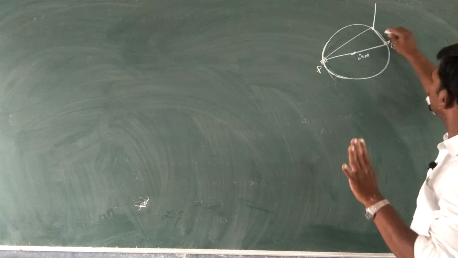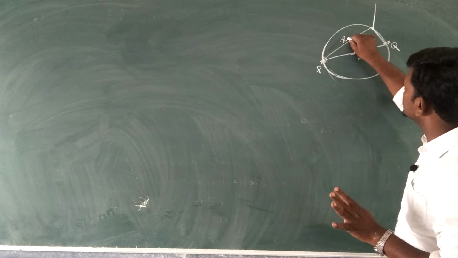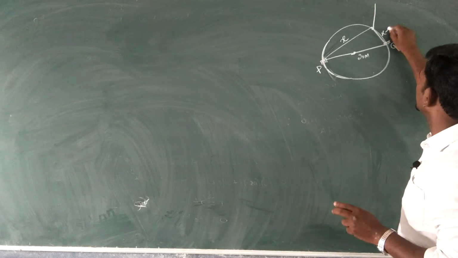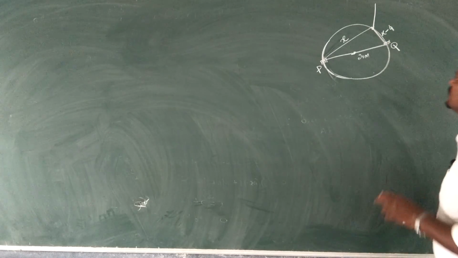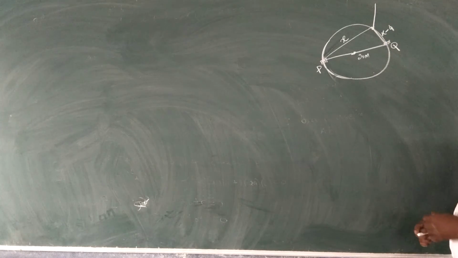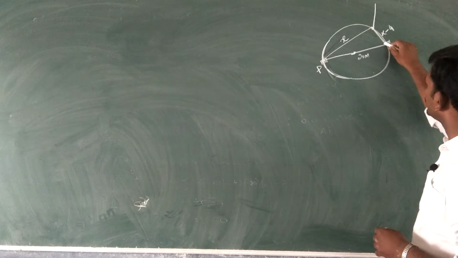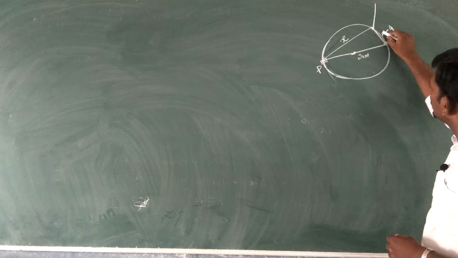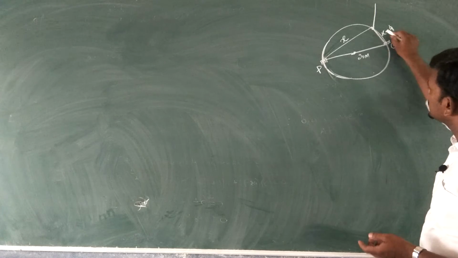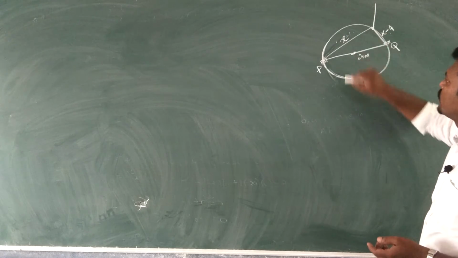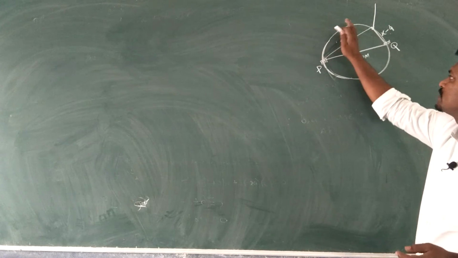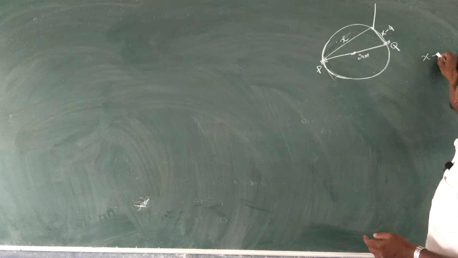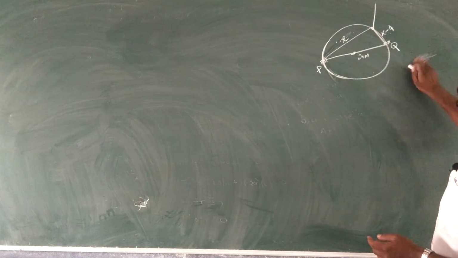So if one distance is x, the other must be x minus 4, or we can take x plus 4. Because it is a little small, I am taking x minus 4. If you want, you can take this as x and this as x plus 4. Anyway the difference must be 4.